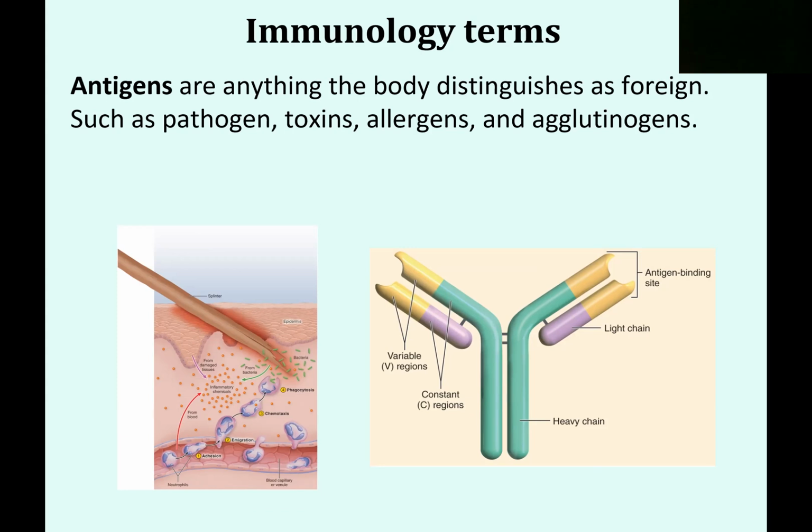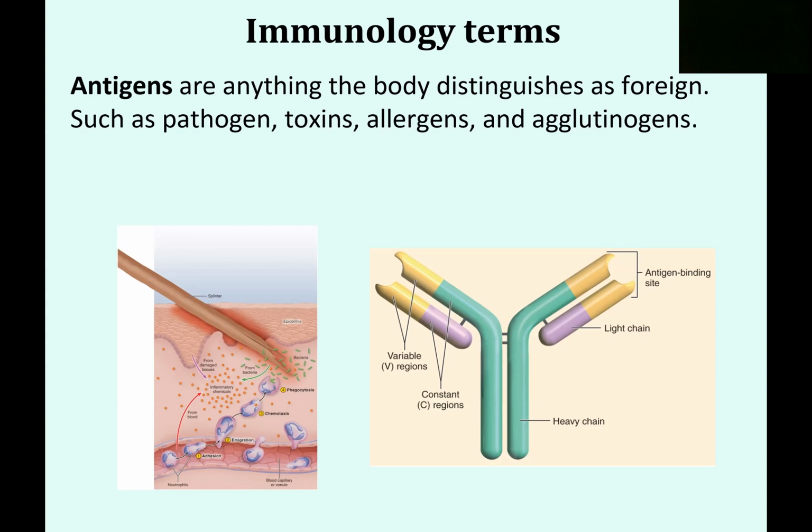Some people become lactose intolerant, and that's because it's now something their body doesn't want to be around. It could be a type of cell, pollen. A lot of people are allergic to pollens, hay fever, and that's plant sperm. And agglutinogens. They're a special type of antigen that we actually make ourselves. We're not going to make the ones that we respond to, but if they're exposed to somebody else.